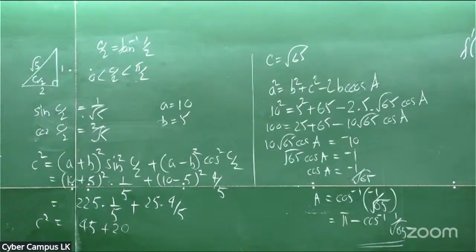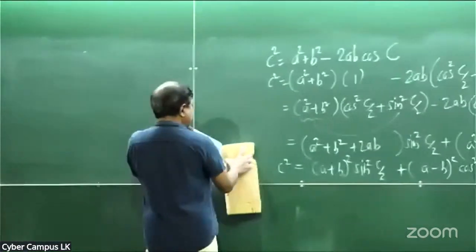We'll do part C. Part A is easy. You can just apply sine A plus B to find sine 75.